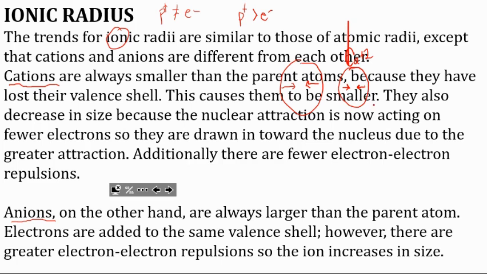So for calcium, that would be, what is it, 20? You've got 20 protons pulling on 18 electrons because you pulled off 2 electrons, making it a cation. So that's going to pull in tighter than potassium with 19 protons versus 18 electrons.